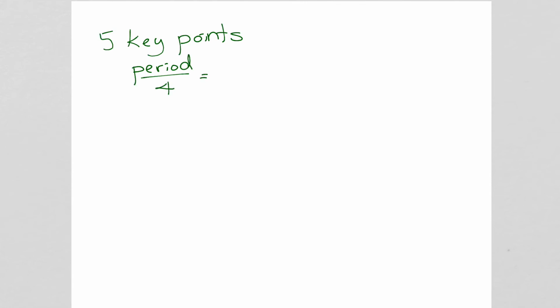Okay, that gives us 5 points for our graph, which gives us a full period. So, if we take our period, which is 4 pi, divide it by 4, then that means every pi is when we're going to hit either 0, or a point of inflection, or a maximum or minimum.